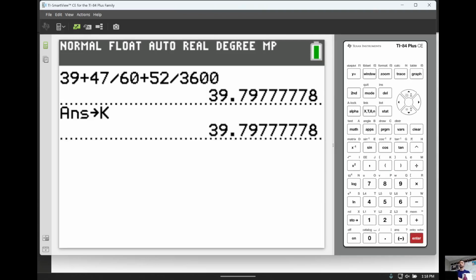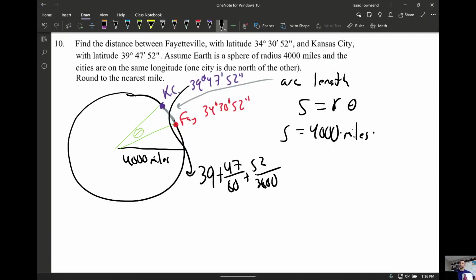Okay, so now on my calculator, anytime I say K, it knows exactly what I'm talking about. It's not just keeping up with a couple decimals, it's keeping up with the whole thing. I'm just making sure I type this in correctly.